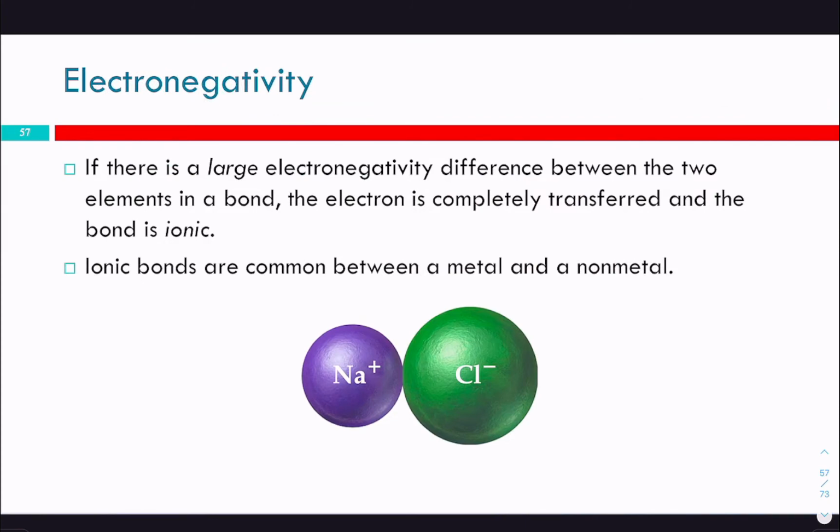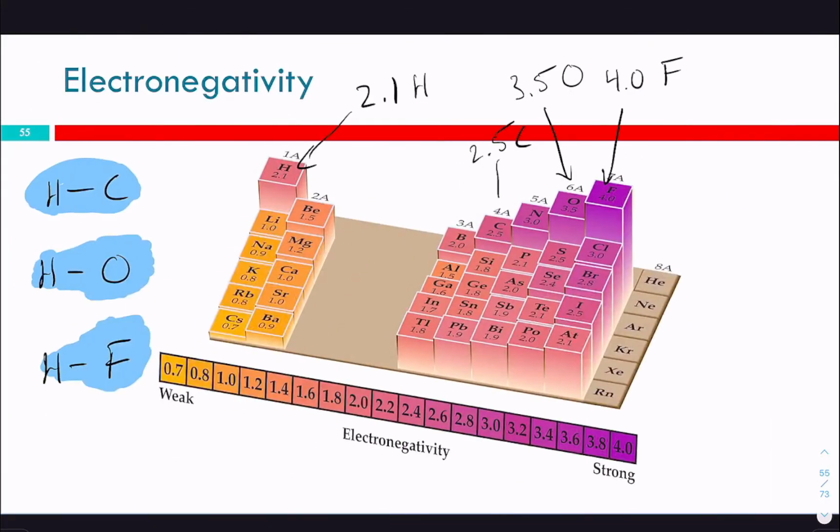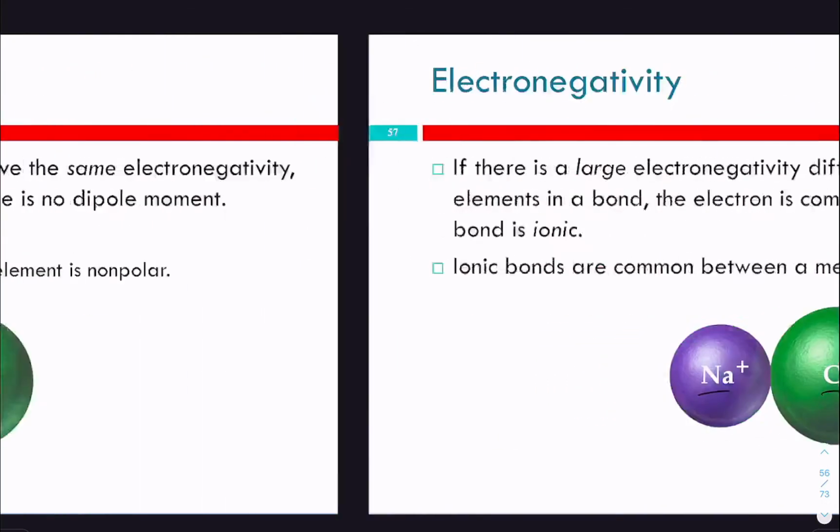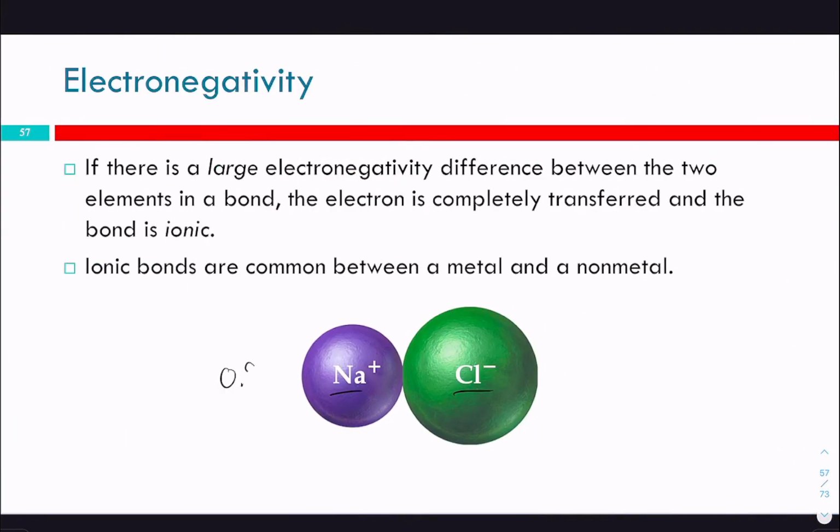If you get a really large difference in electronegativity, you get a complete transfer of those electrons. The difference in electronegativity between sodium and chlorine, let's go back and check. Sodium is 0.9, chlorine is 3.0. It's a massive difference. And so those electrons won't be spending any time around sodium, and they'll spend all of their time around chlorine.